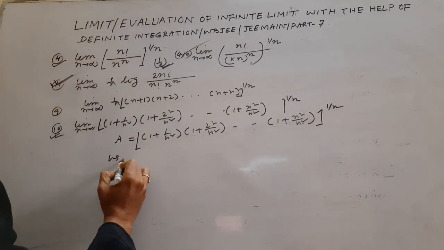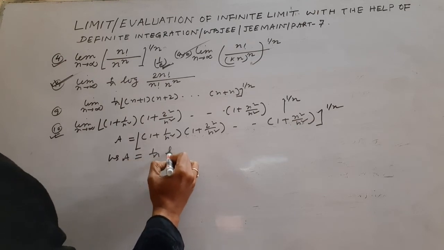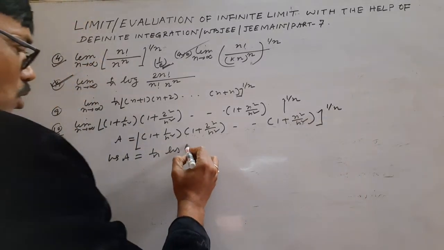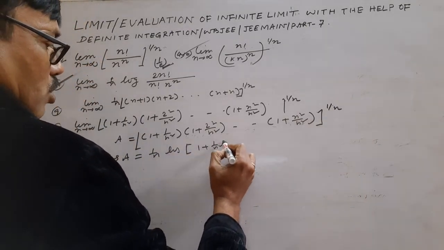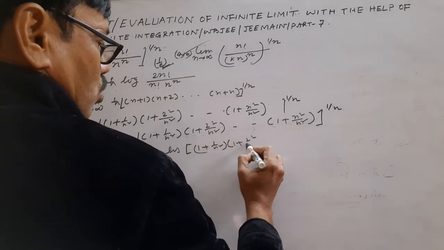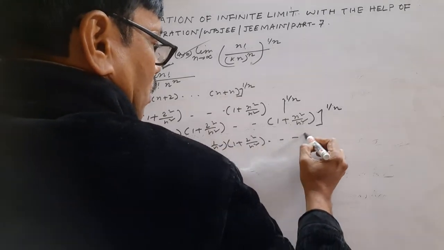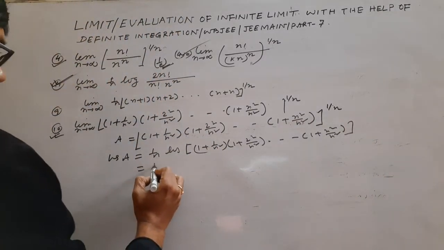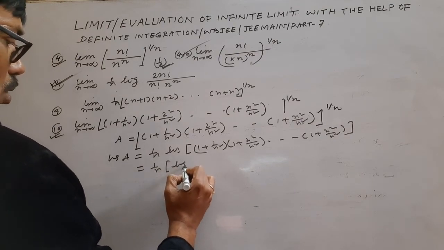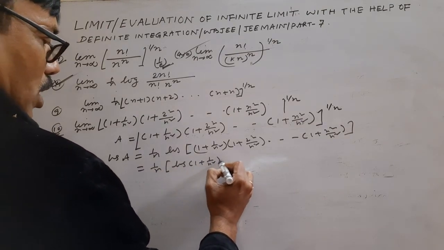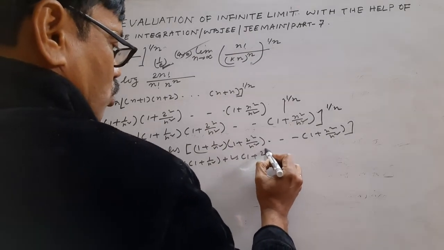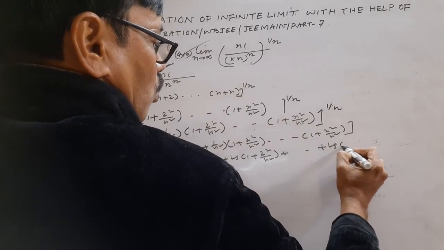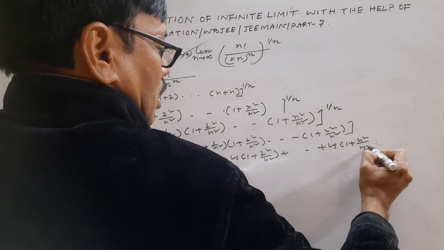So take log on both sides. Log A equals 1 by n log of 1 plus 1 by n square, 1 plus 2 square by n square, up to 1 plus n square by n square. So 1 by n, sum of log 1 plus 1 by n square, log 1 plus 2 square by n square, up to log 1 plus n square by n square.